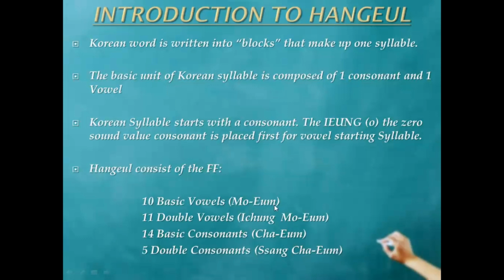So once again, 10 basic vowels, 11 double vowels. So all in all, you have 21 vowels. Then 14 basic consonants and 5 double consonants. So they have 19 consonants. So all in all, Hangul consists of 40 characters or 40 letters.